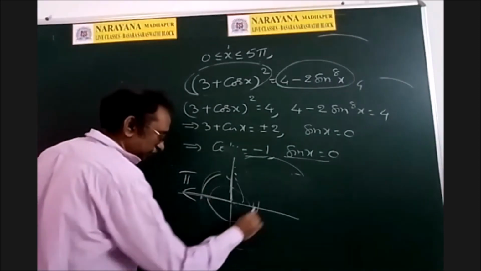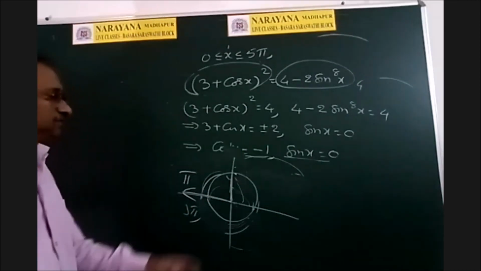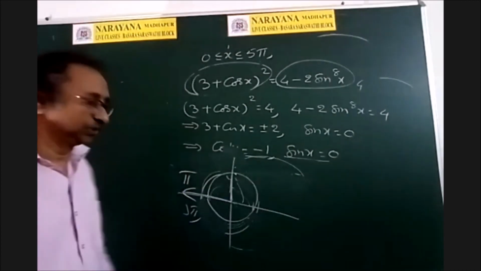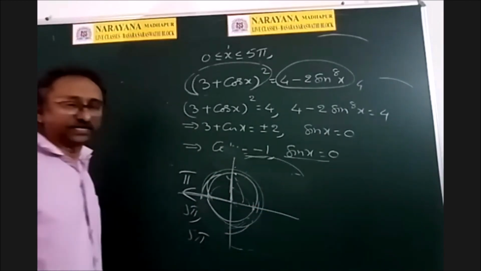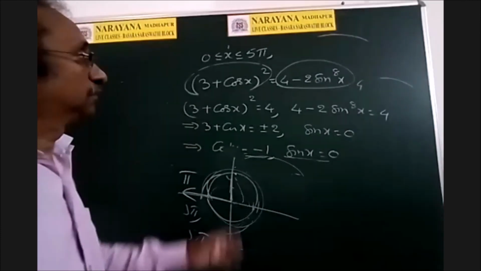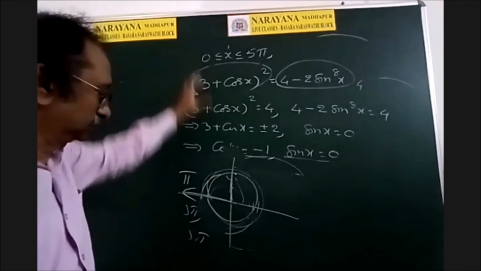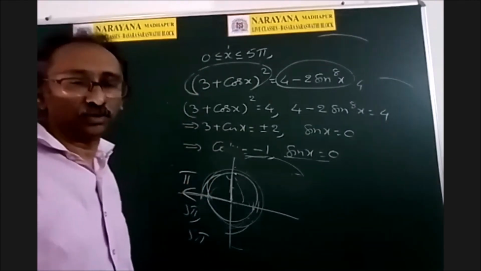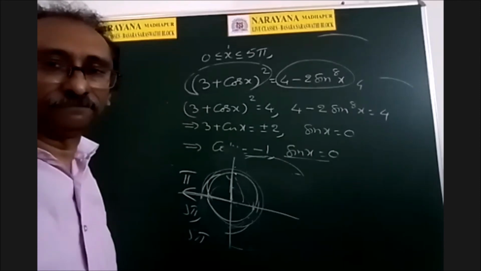After another rotation of 2π, you will get 3π. cos 3π is −1, sin 3π is 0. Another rotation gives 5π, another rotation 7π. Of course, there are infinitely many solutions, but we are looking only between 0 and 5π. So the answer is 3 solutions. Okay, Akash? Yes, sir.